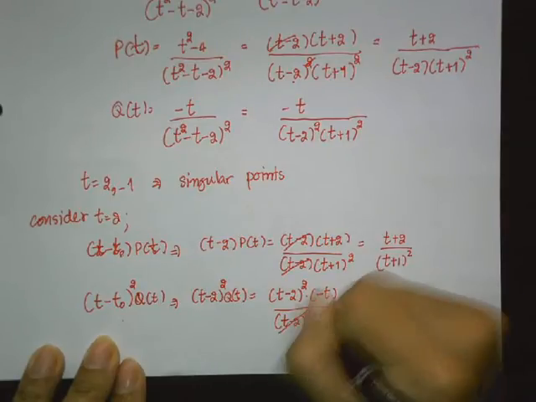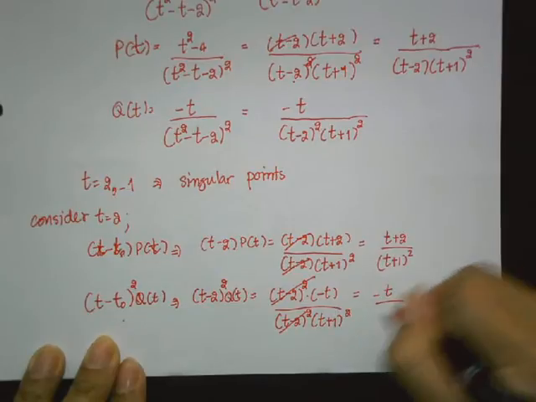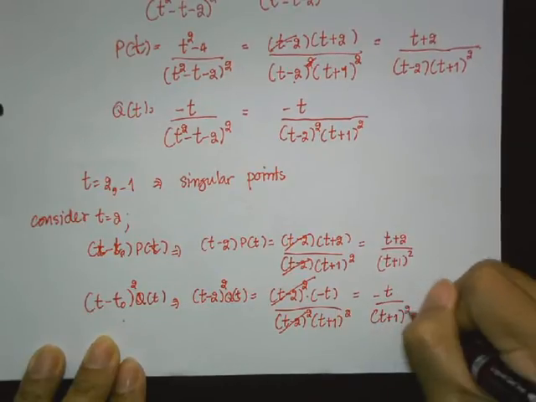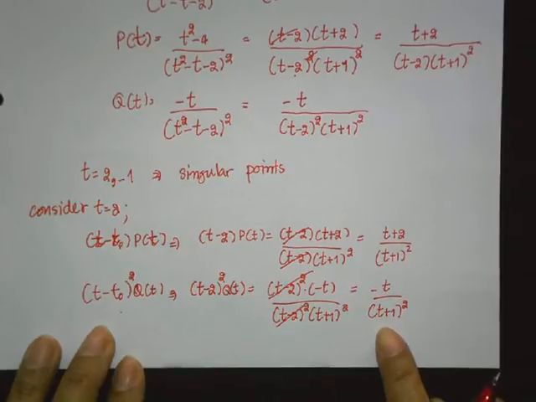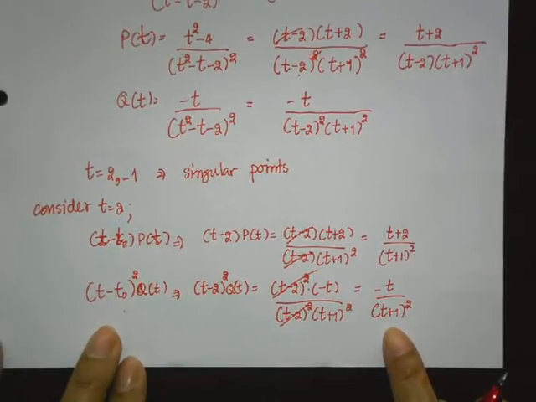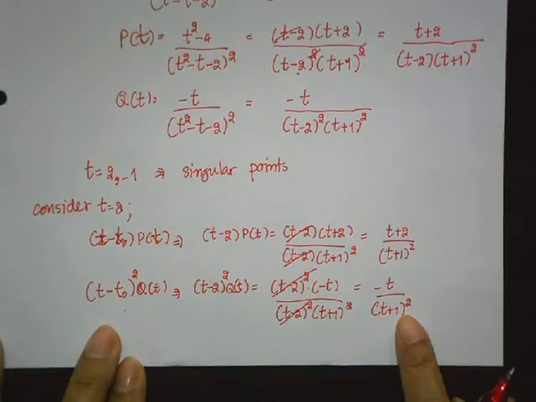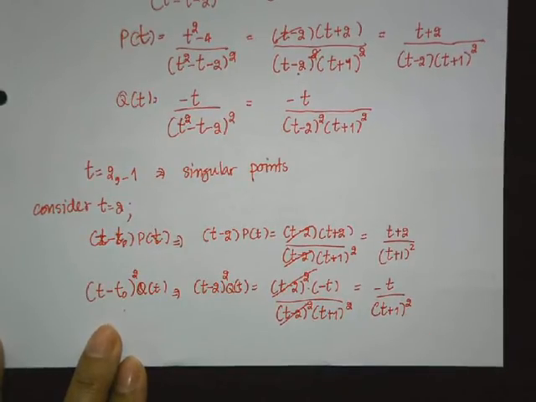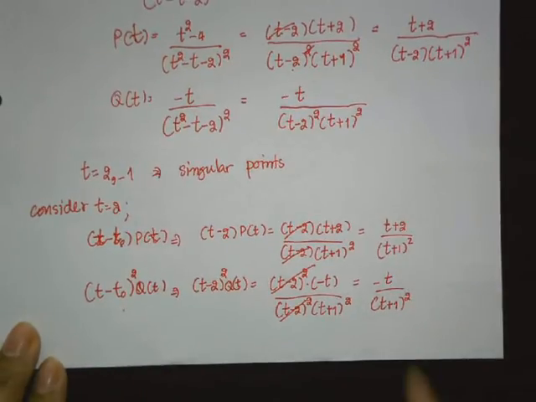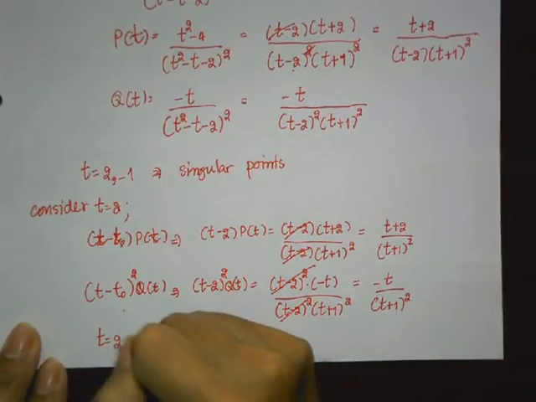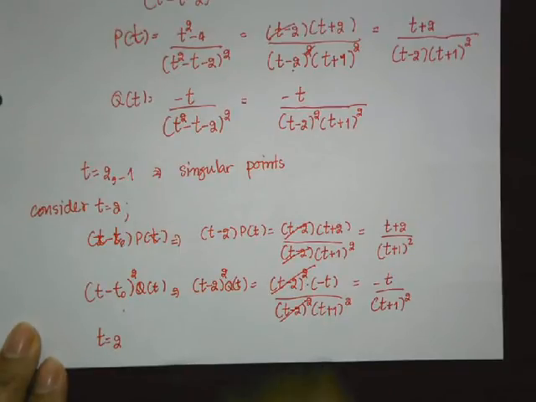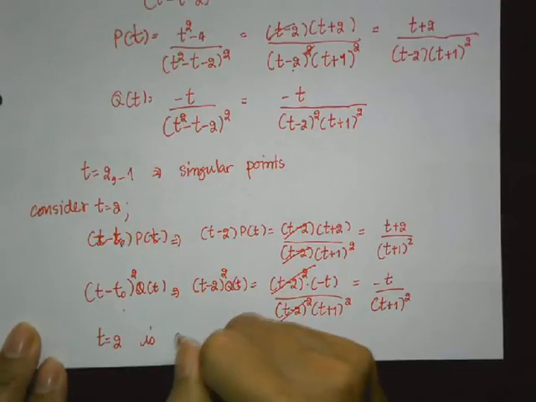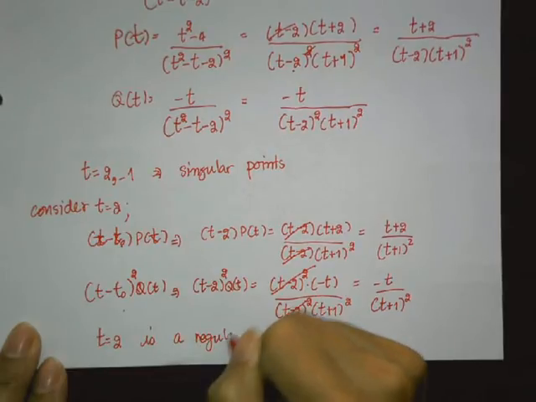You cut it out, and you get minus t divided by t plus 1 squared. Again, if you plug t equal to 2 into this function, can you find the value of this function? Yes, you can. So that means with these two, you can say that t equal to 2 is a regular singular point.